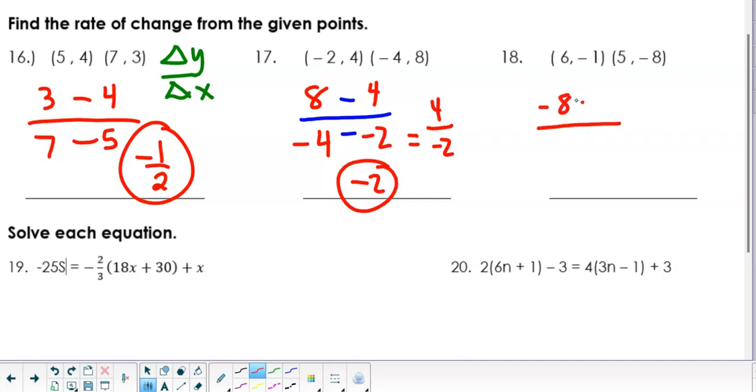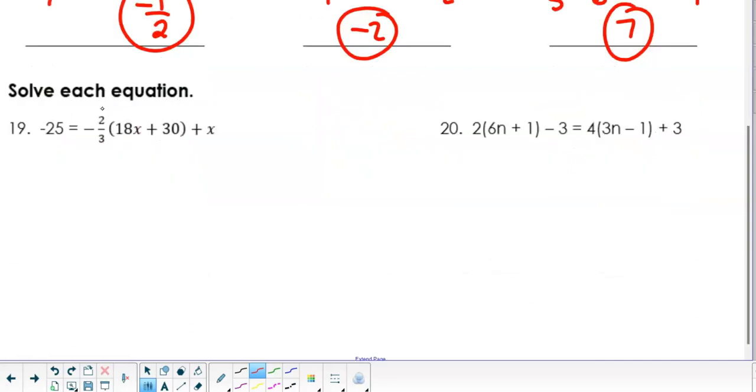The last one. For these last two questions, you may want to use a calculator. We've got some distribution to do on the right-hand side, so I'm going to leave the negative 25 the same, and I multiply negative 2/3 times 18. And I'm going to multiply negative 2/3 times 30.